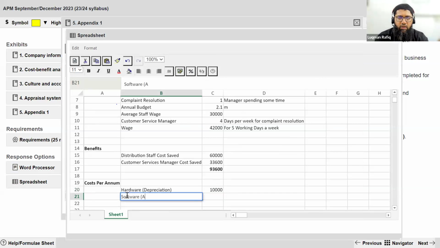Software amortization. How much is the amortization of the software?